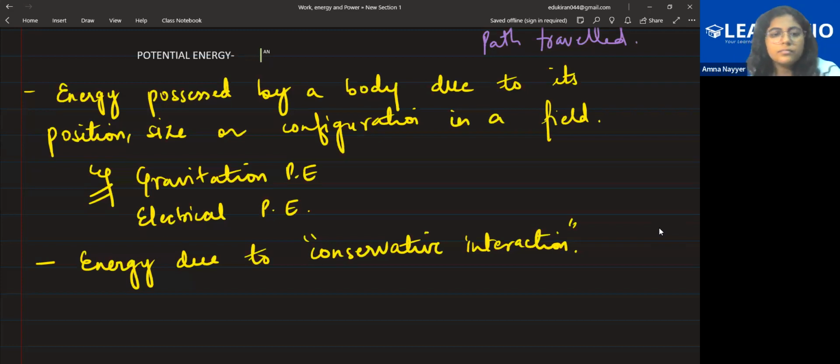Like two charges are present. Both the charges are able to interact with each other. Interaction means they are exposed to each other and they can exert forces on each other. That is what is meant by electrostatic interaction in case of charges.